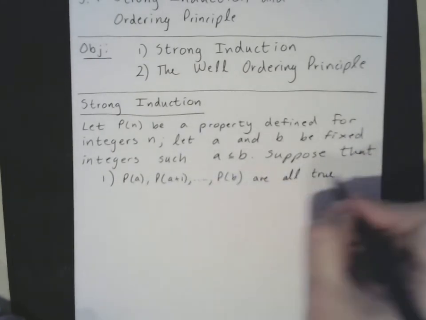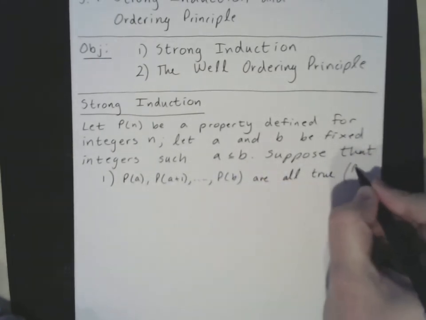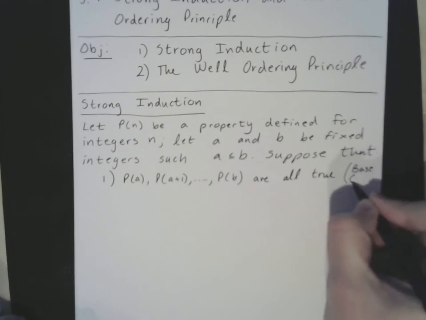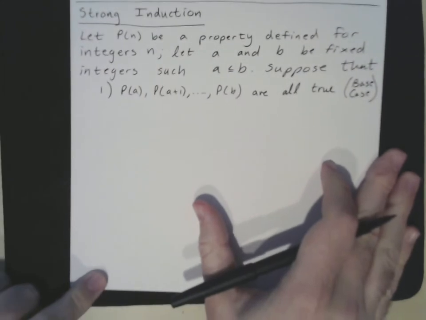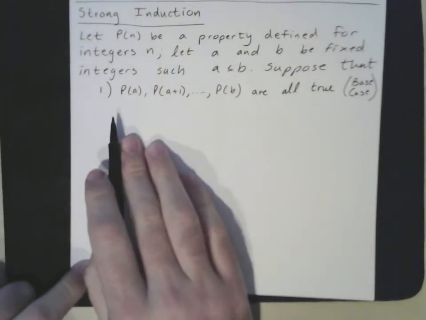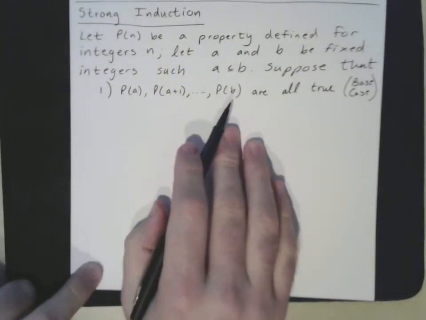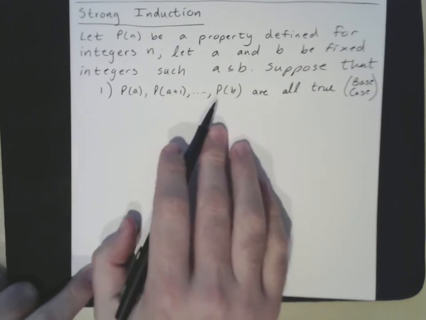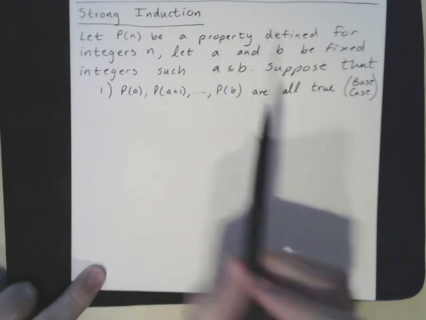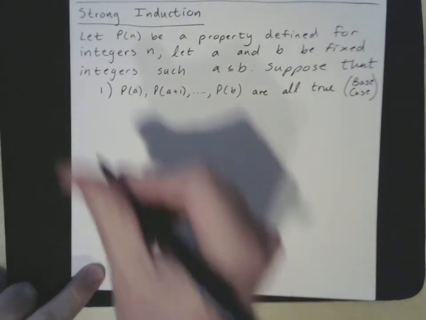This is our base case, our new base case. The base case for strong induction. So you can see it's stronger because we have multiple base cases from a all the way to b. And sometimes a and b are close, sometimes a and b are very far apart.